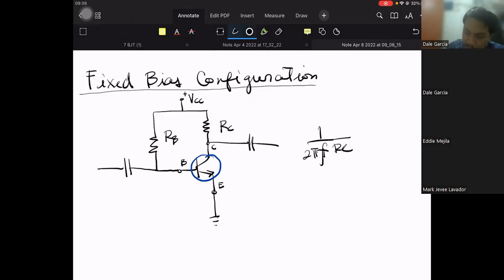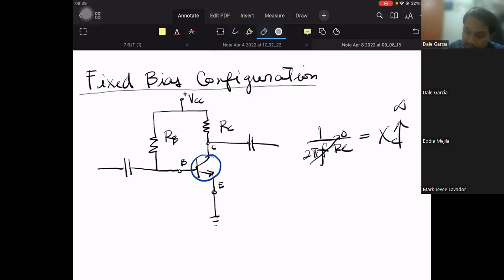For DC sources, the frequency is very low, approximately equal to 0. So if the denominator is 0, the resulting reactance is very high, close to infinity.